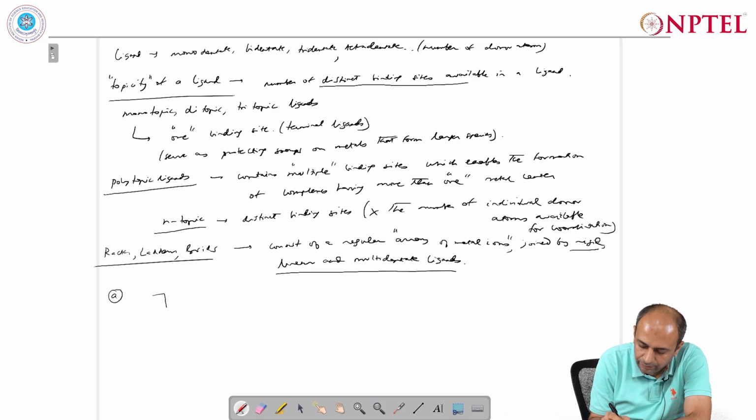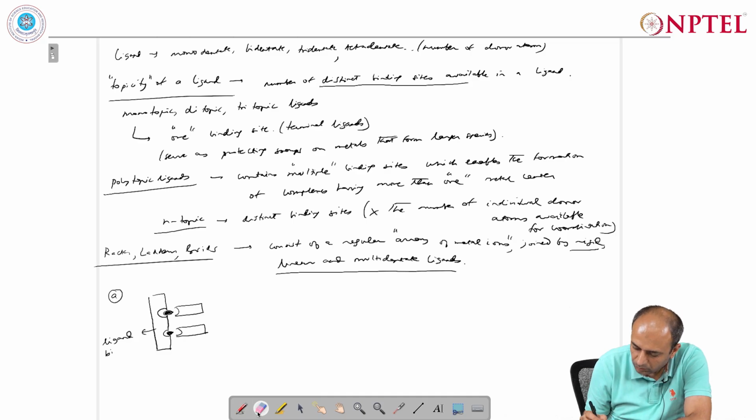We can have a ligand backbone which is called ditopic. Now why is it called ditopic?